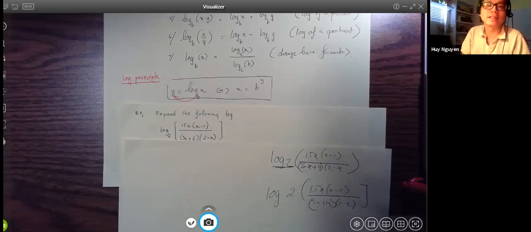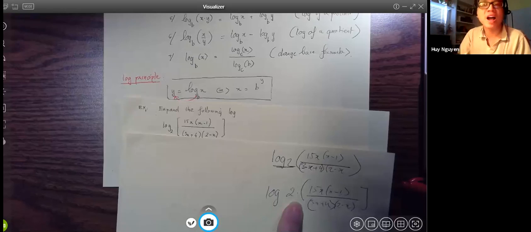On the first slide you think the 2 is the base, but because you don't write it carefully, on the second line you think 2 is part of the argument. So you have to write carefully when you're dealing with the log.